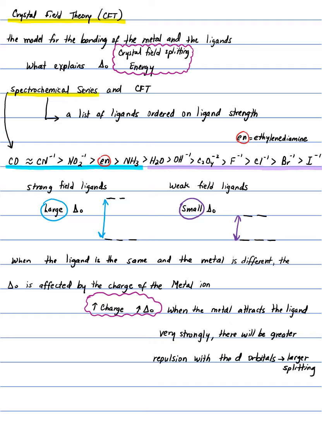So the splitting now is going to be determined by the charge of the metal. So you need to remember that the higher the charge of the metal, the larger the splitting.